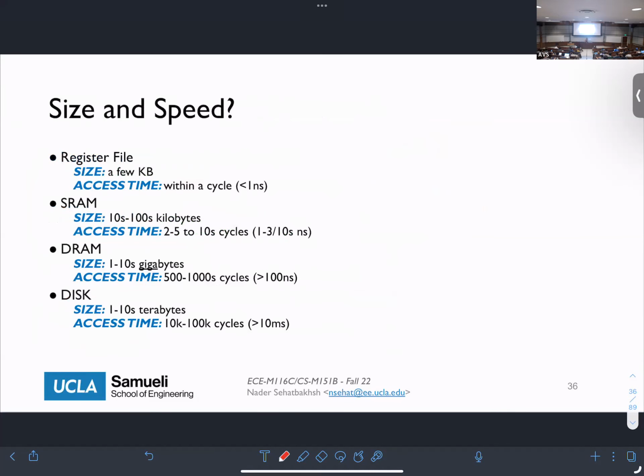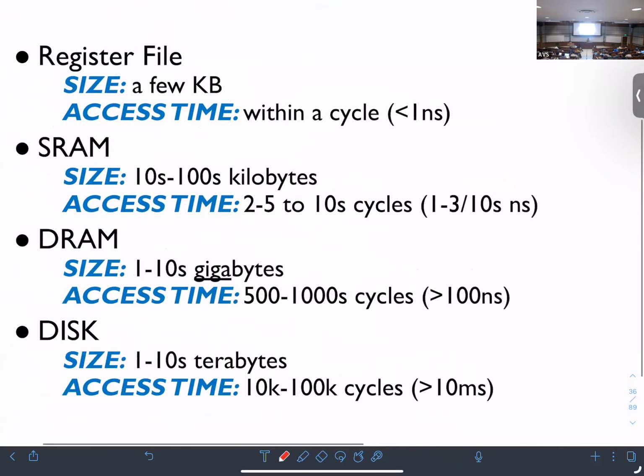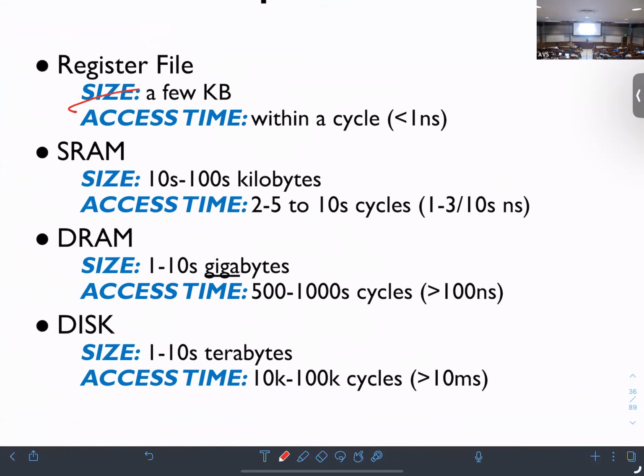So to give you a basic idea of the numbers, for the register file we are talking about a few kilobytes, and an access time of less than a cycle, right? We're talking about less than 1 nanosecond for reading the register file. For SRAM, we are talking about hundreds of kilobytes, and typically the access time depends on what size you're using.